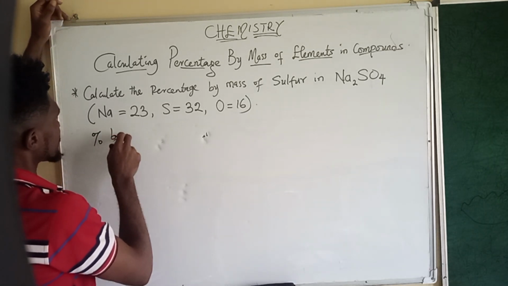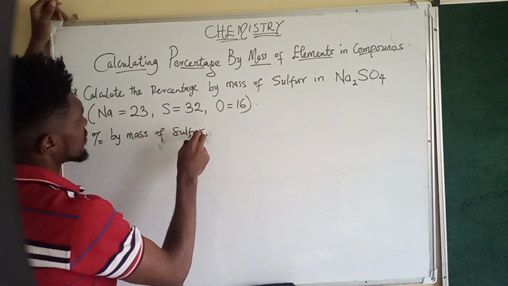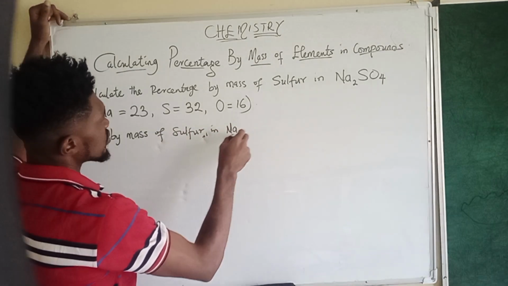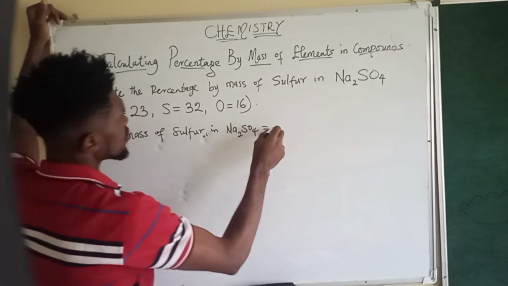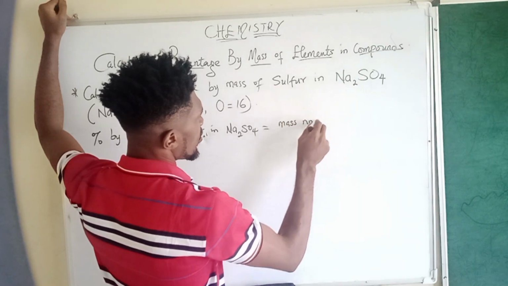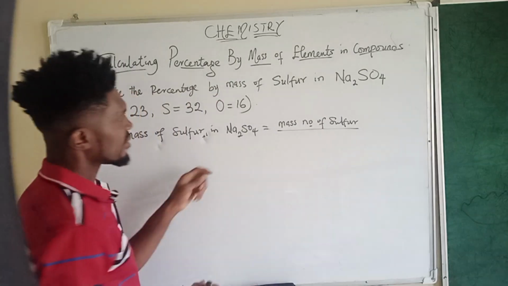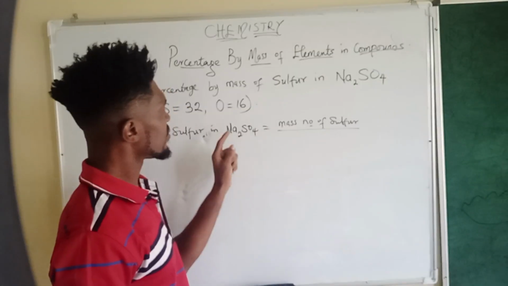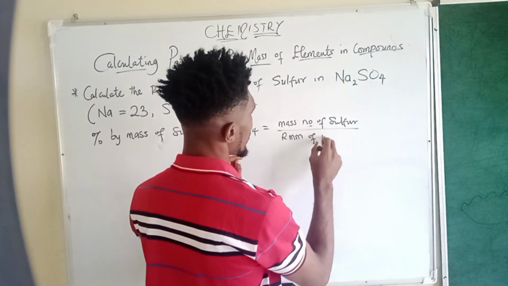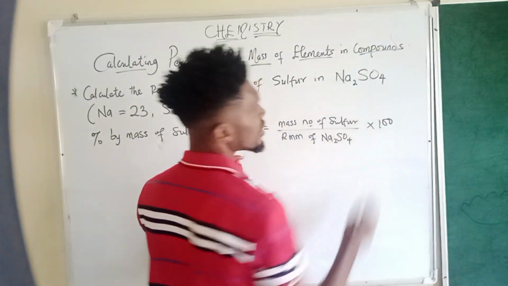Percentage by mass of what? Sulfur in Na2SO4 is equal to the mass number of sulfur over the relative molecular mass of this compound, relative molecular mass of Na2SO4, multiplied by 100.